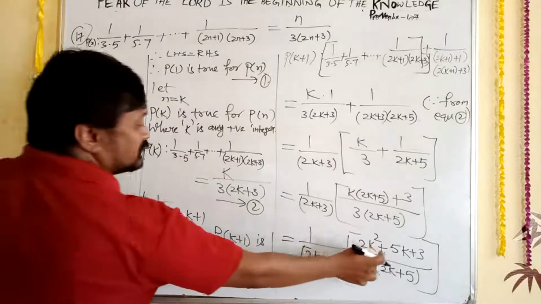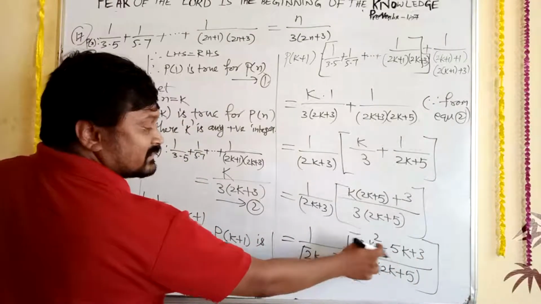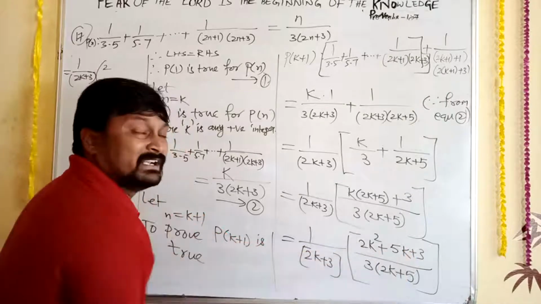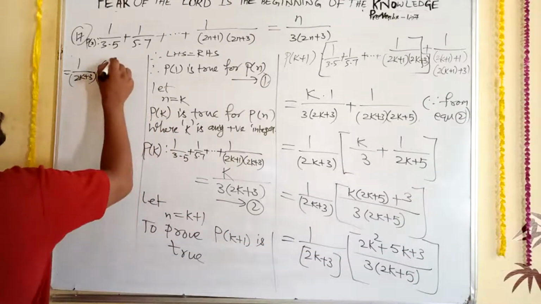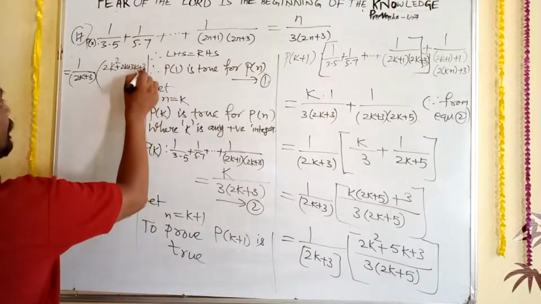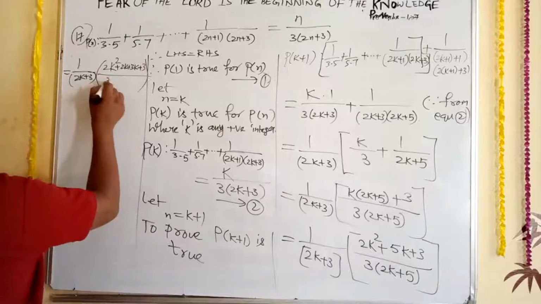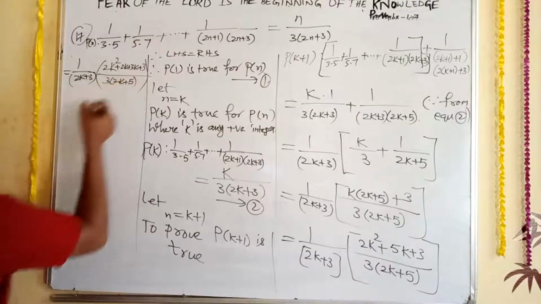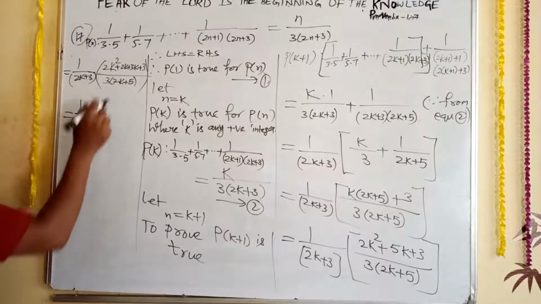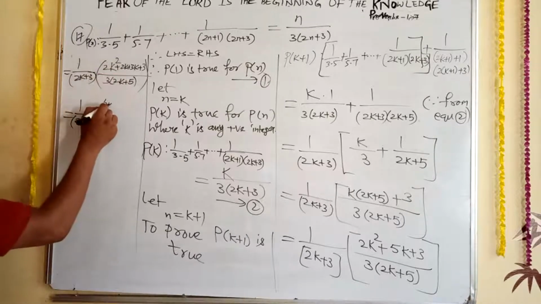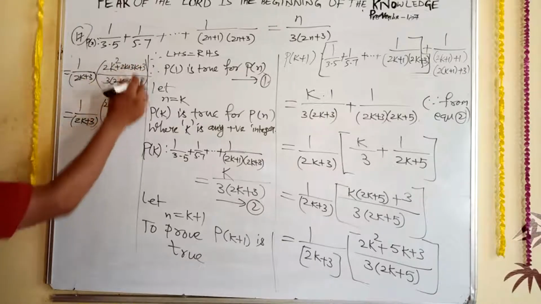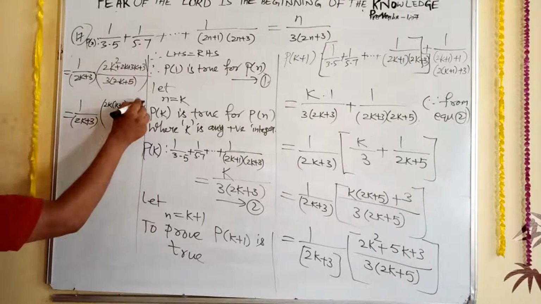Now split 5k as 2k plus 3k: 2k square plus 2k plus 3k plus 3 upon 3 into 2k plus 5. So 1 upon 2k plus 3 you can write here. And in this part, in both places, 2k is common, so you get k plus 1, plus in both 3 is common, k plus 1 you are going to get.